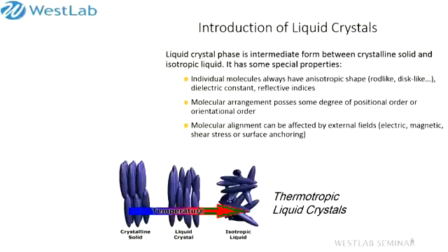Liquid crystal molecules always have an anisotropic shape, rod-like or disc-like, with anisotropic dielectric constant and refractive indices. The molecular arrangement has some degree of positional or rotational order, and it can be affected by external fields such as electric, magnetic, shear stresses, or surface anchoring.